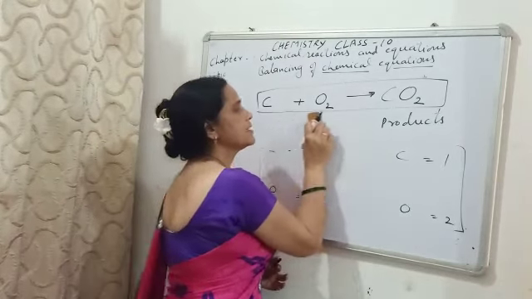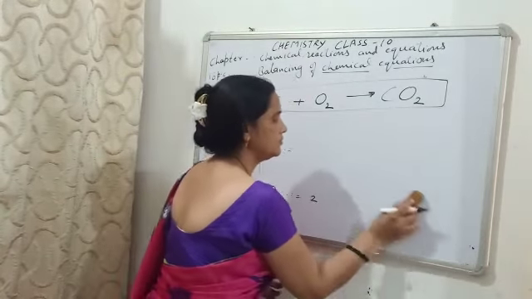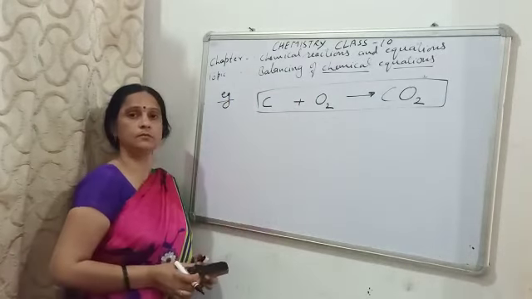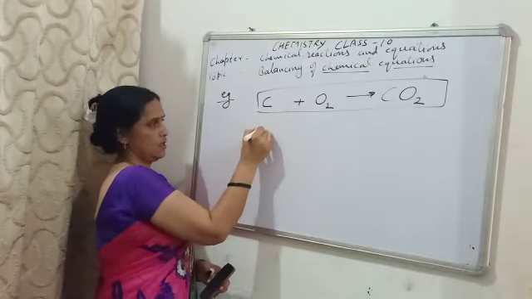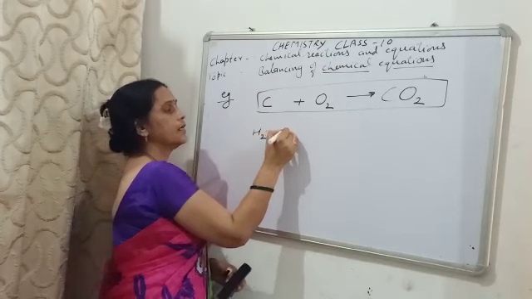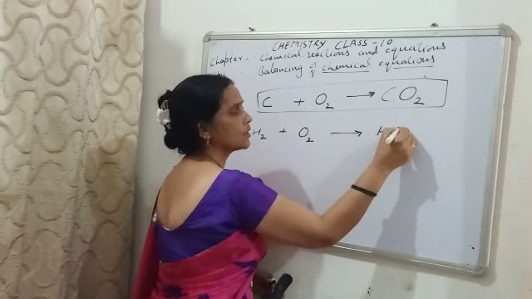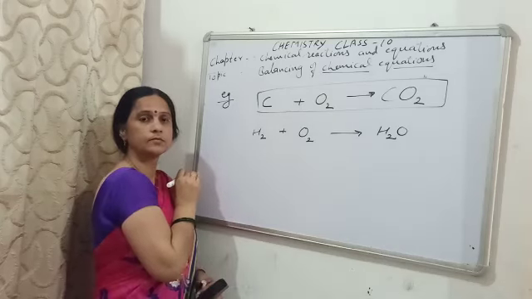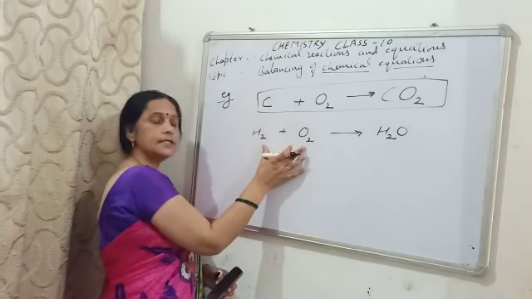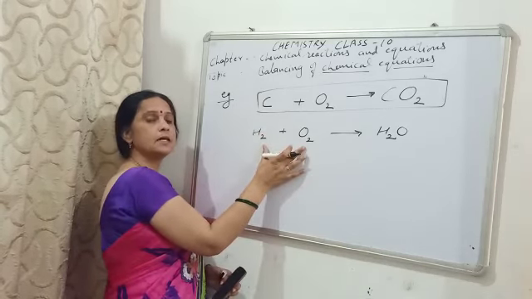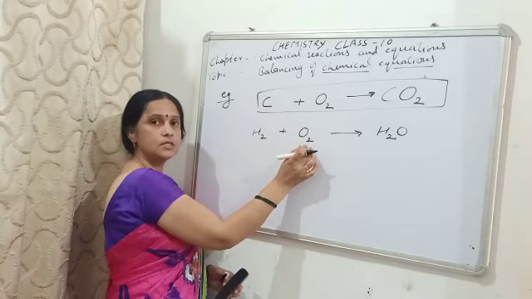Take another example. Hydrogen reacts with oxygen to form water. Again, on the reactant side, two elements are present, hydrogen and oxygen.